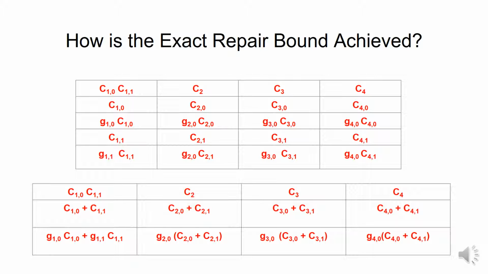Now the question is, how am I going to do the repair? I'm going to sum the alternate rows, and I've written down what the sum looks like. From what you can see, while you have rank 2 type equations for C10 and C11, for all of the other ones you need only one scalar to compute the thing. So for each 2 bits, you need 1 symbol from each remaining node. And so overall for 2 raised to n, you need 2 raised to n minus 1. And that completes the proof.